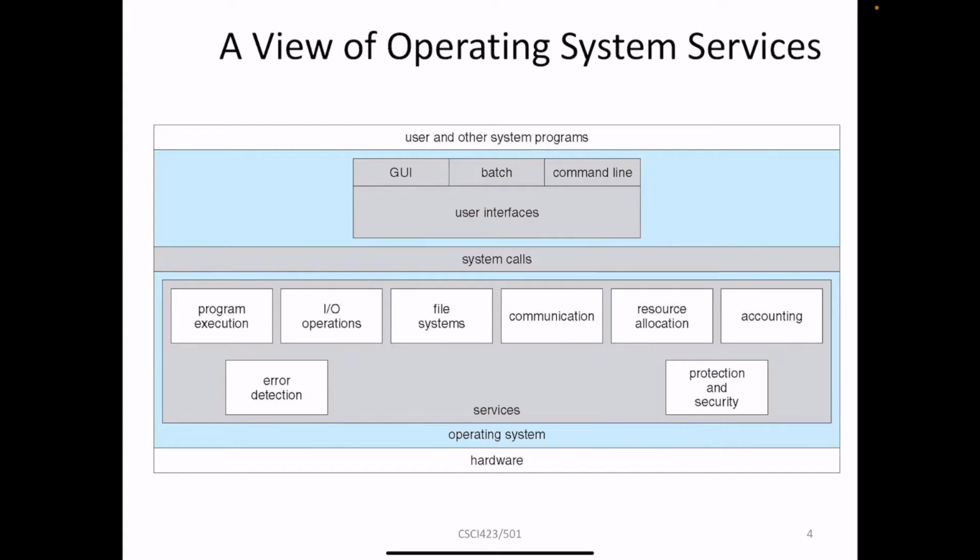In this slide, we are going to talk about more details of a view of operating system services. The operating system, like a stage, sits in between hardware, users, and other system programs to provide different services to users, programs, and hardware. First, let's see the user interface. There are multiple types of user interfaces.